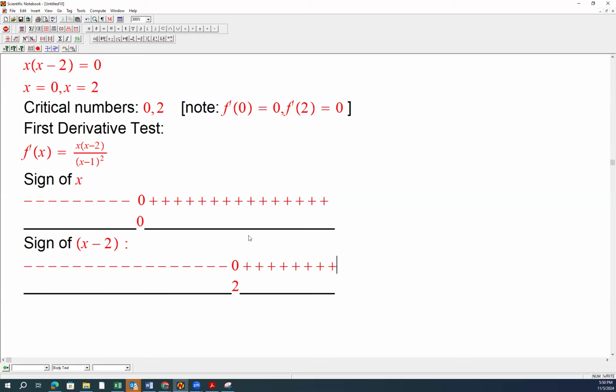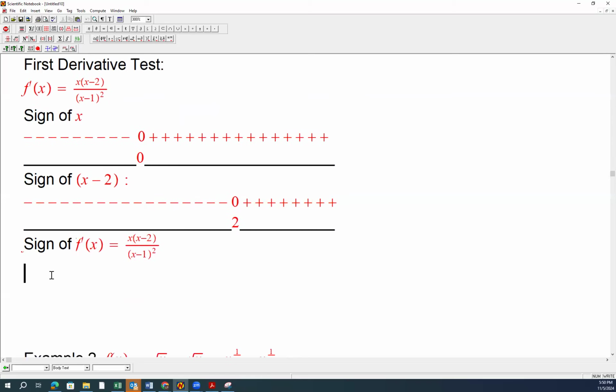Right? So now the sign of the first order derivative will be apparent. All right, so we got 0 here, we got them lined up. We got 2, we got it lined up. And when we pick a number less than 0, let me just make sure everybody is following me.